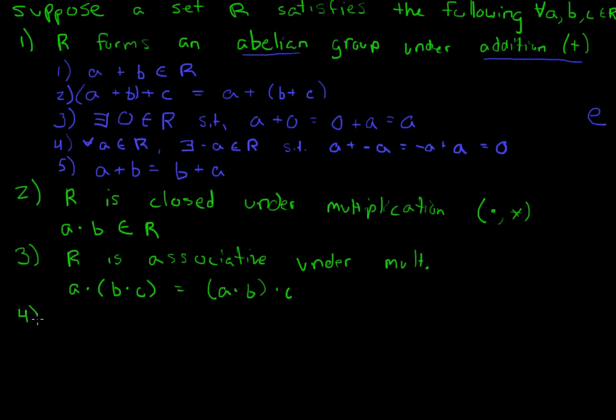And lastly, since we have two operations here, we kind of need some sense of how they're going to interact with each other. So we're going to have the distributive property.